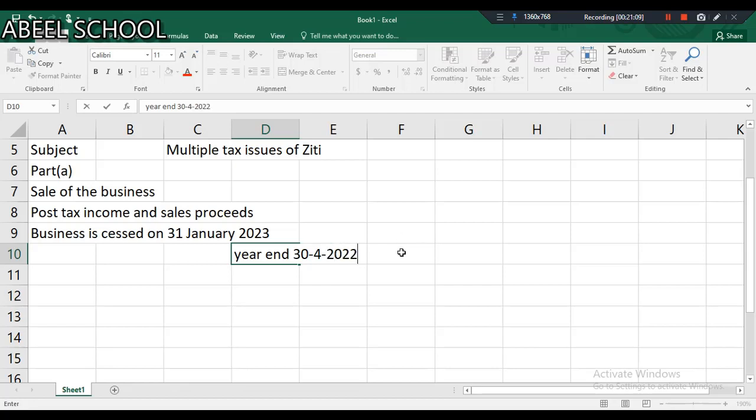Then we have the period end. Because from 1st May 2022 till 31st January 2023, we have 9 months. So period ended 31st January 2023.